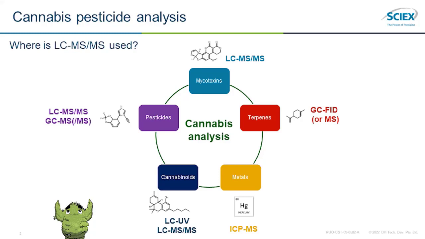The two most commonly thought of are definitely pesticides and mycotoxins. Some folks are using LC-MS/MS to look at terpenes in addition to cannabinoids, although it's a little less common. So we're going to really dive into the pesticide portion.